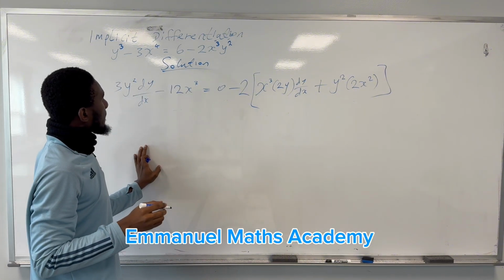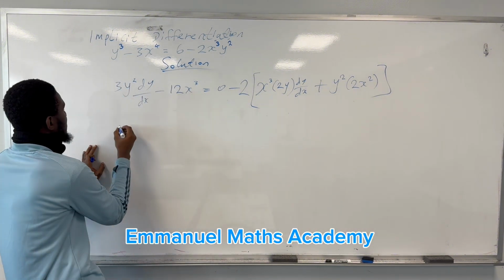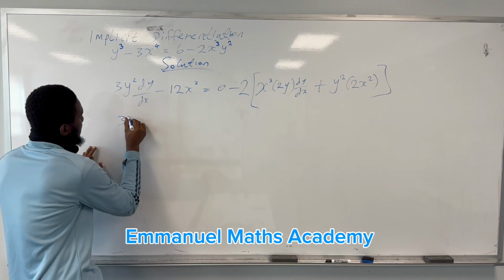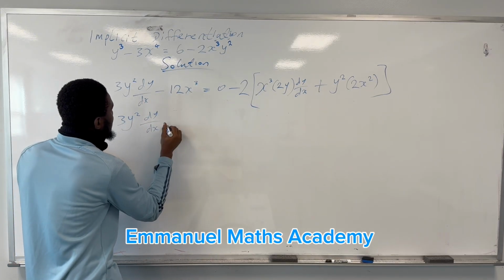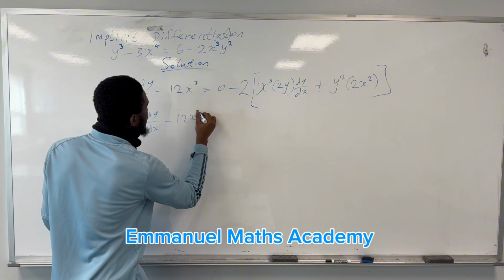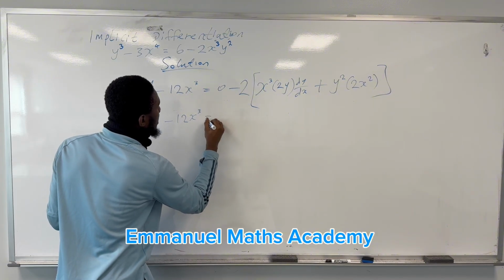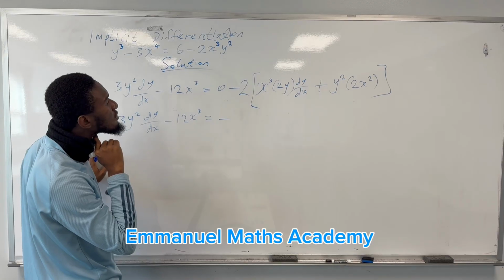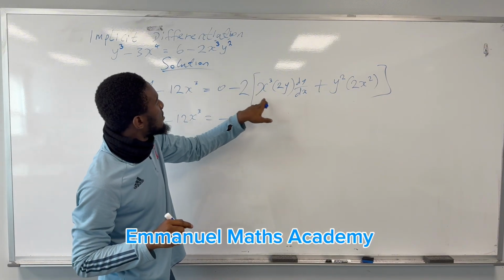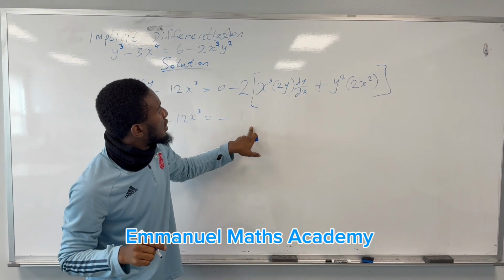Right? Hence, this is 3y squared dy/dx minus 12x cubed equal to minus. Now you use this minus 2 to expand this.